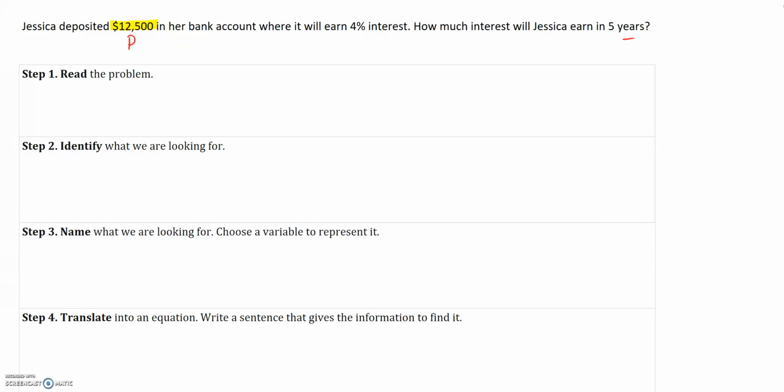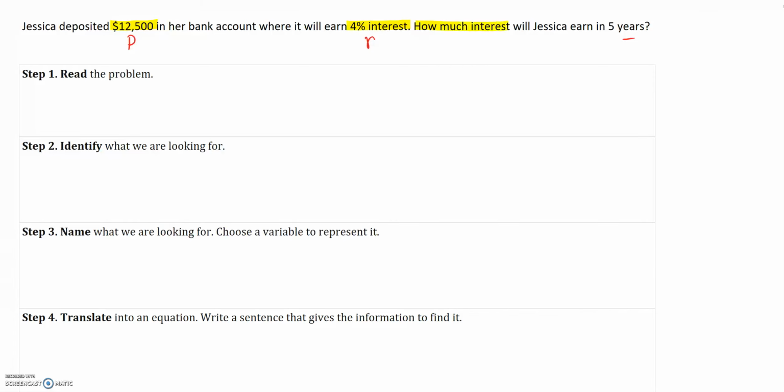So she will earn 4% interest. In this case, the interest that is received is like an income to Jessica. So she's trying to see how much she will earn for a 4% interest. Well, the 4% interest, that language tells me that this is my R because the percentage indicates that it is the rate, interest rate. Then it says, how much interest will Jessica earn?